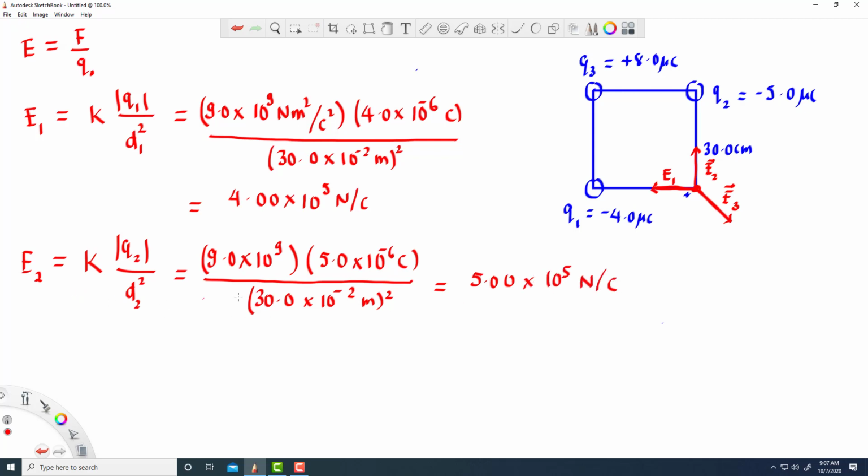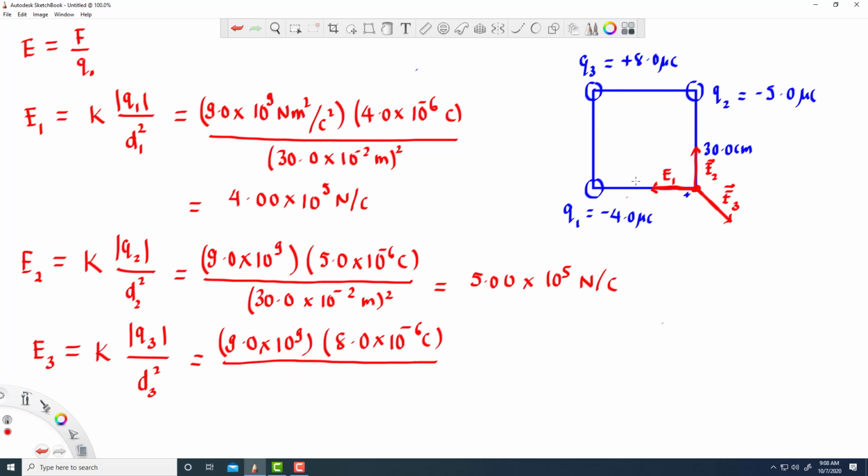Okay, and then I also need to find the electric field due to the third charge, which is K Q3 over d3 squared. Again, 9 times 10 to 9. Charge is 8 microcoulomb, which is 8 times 10 to negative 6 coulomb.